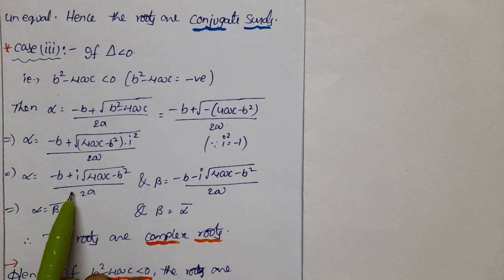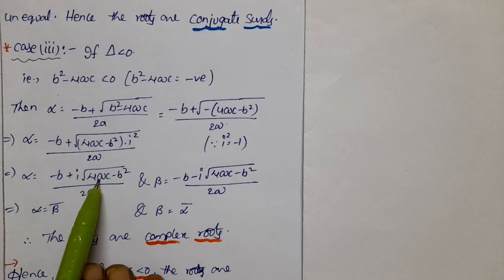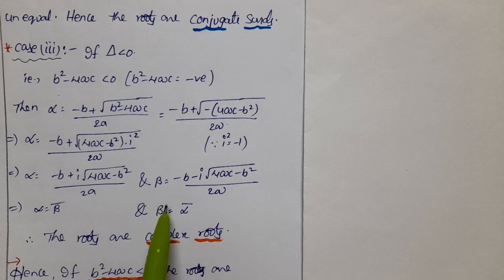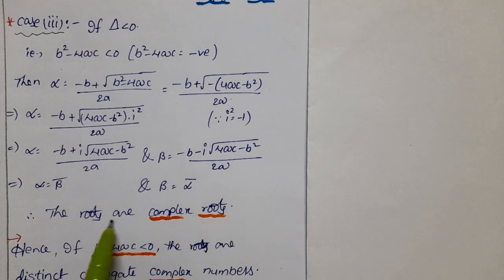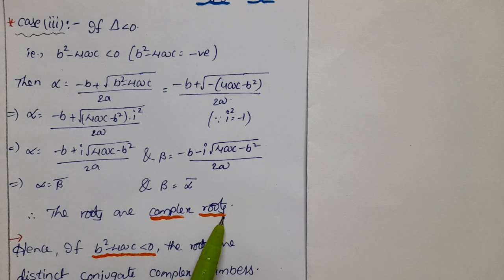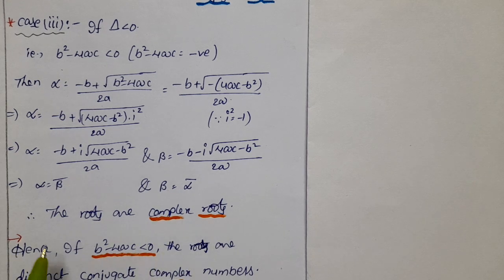So alpha is beta bar, and beta is alpha bar. Therefore the roots are conjugate complex roots.